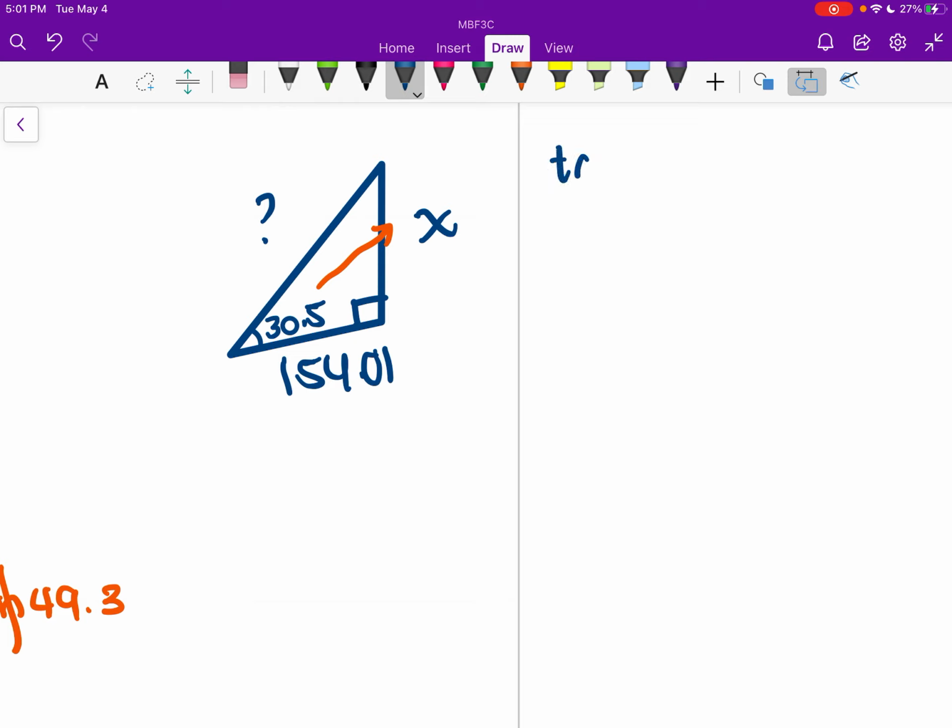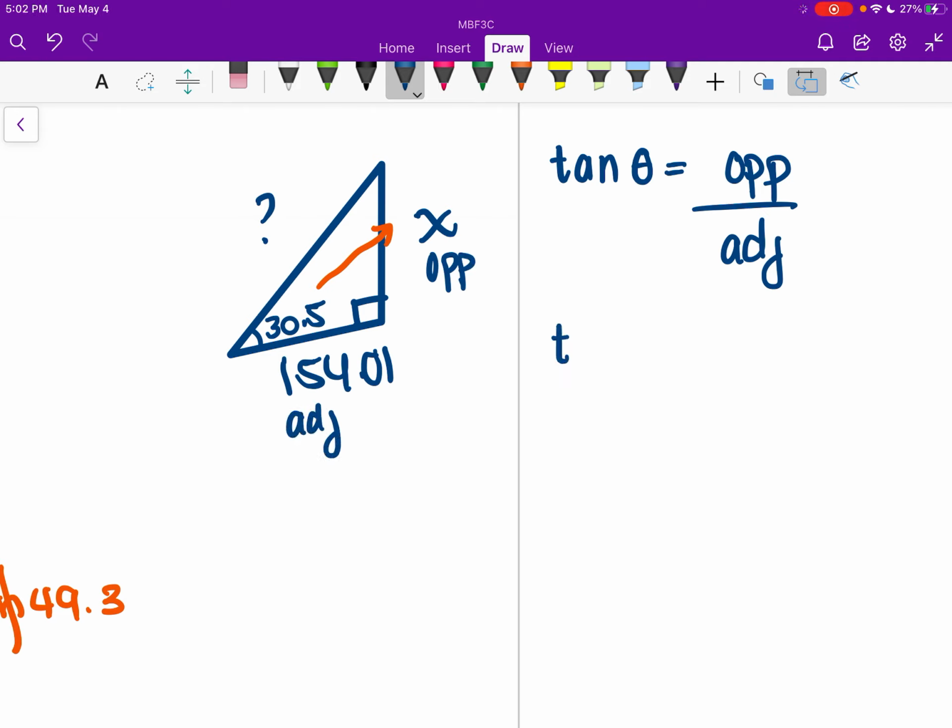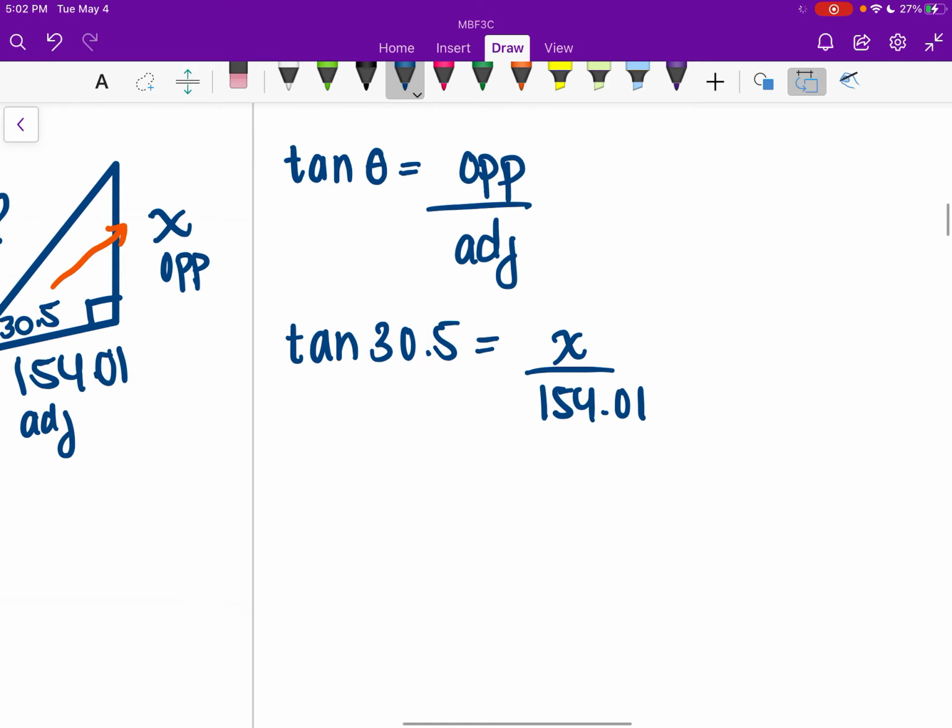So tan theta is equal to opposite over adjacent, which I have, right? I have the opposite here. I have the adjacent here. So let's go in and put in our numbers. Tan 30.5 is equal to x, because we don't know what that is, over the adjacent, which is 154.01.